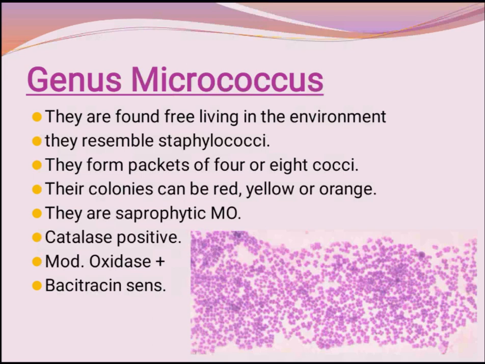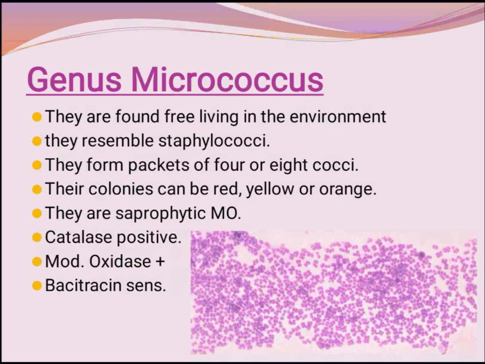Microscopically, they also appear as gram-positive cocci. They form packets of 4 or 8 cocci, usually aggregations of 4 to 8 cocci, more than cluster formation. Their colonies could be pigmented red, yellow, or orange.